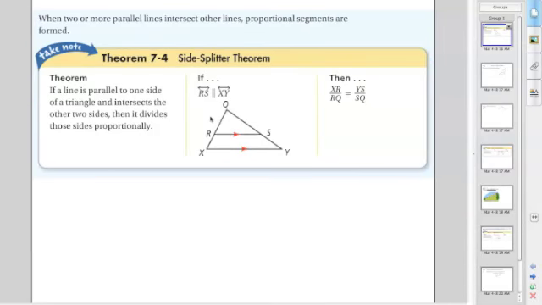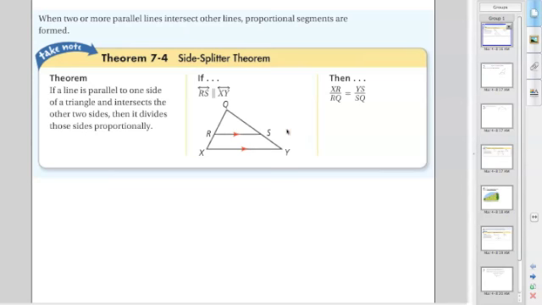Here we're going to talk about side splitter theorem, which is an easier way to solve for a variable in a triangle if you know that two segments are parallel. Then you can compare the ratios and know that they're congruent.